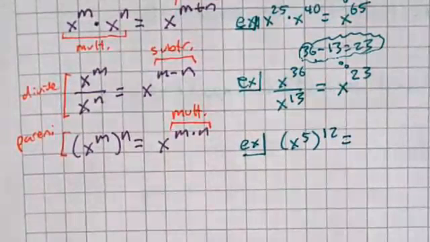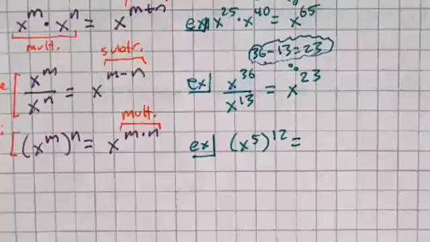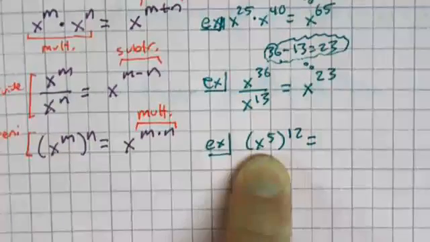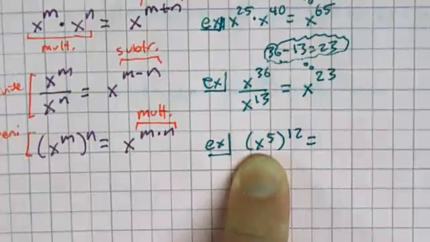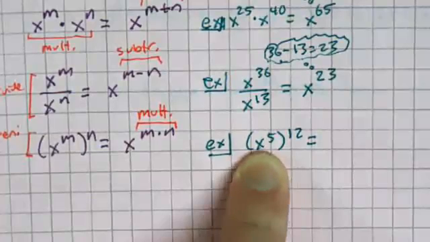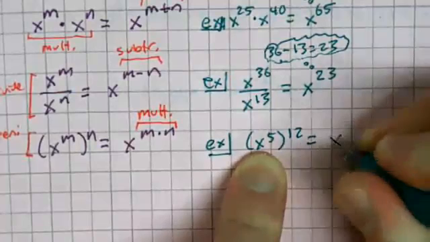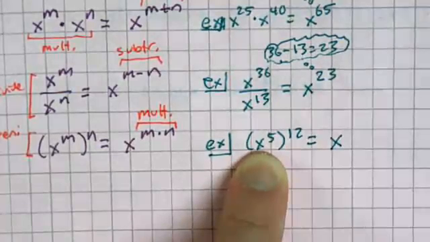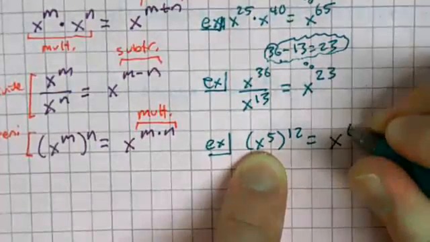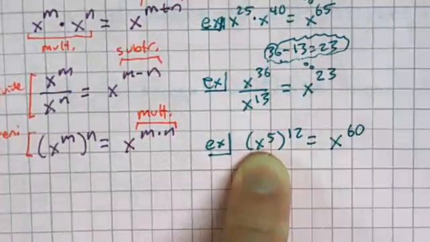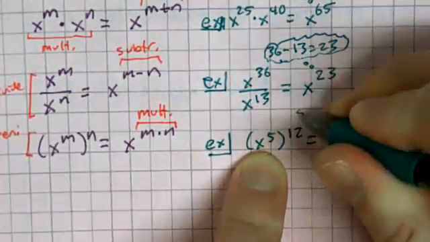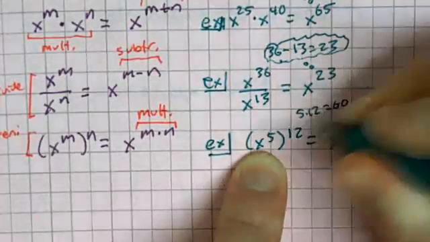So if I wanted to work this problem out, I could, oh man, if I wanted to, I could write out 5 x's and then make 12 copies of that. That'd be a whole lot of x's. Or I could use the shortcut and just go straight to x to the, what is 5 times 12? 60? X to the 60. I'm going to go ahead and do a little thought bubble here. 5 times 12 equals 60. That's where I got it from.